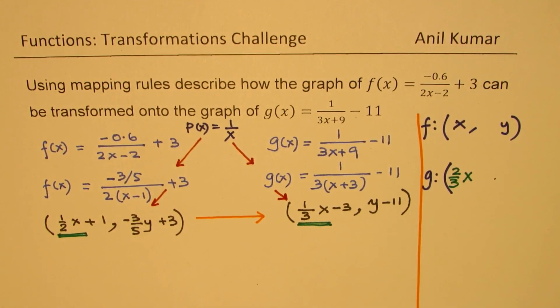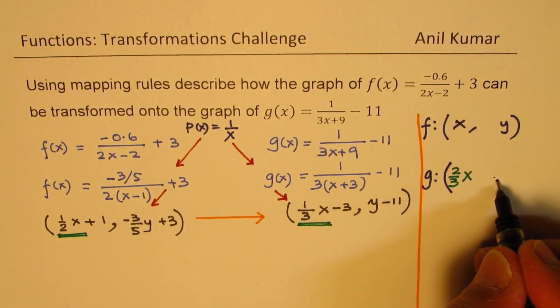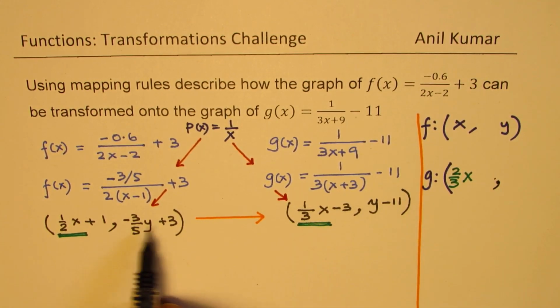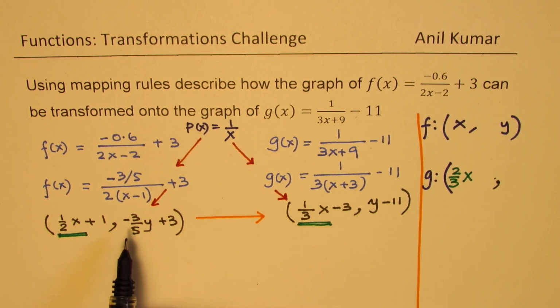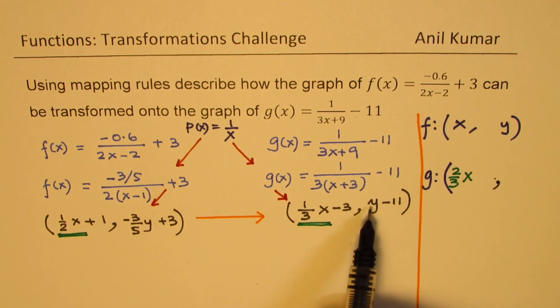Now let's get into the vertical transformation. In the case of vertical transformation, what is happening here is that the y value is -3/5, and here it is just y.